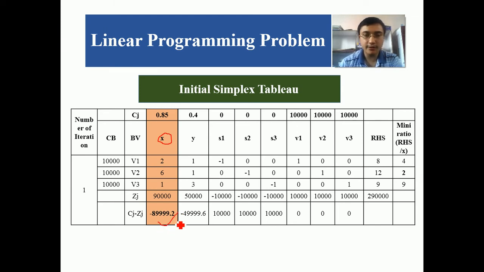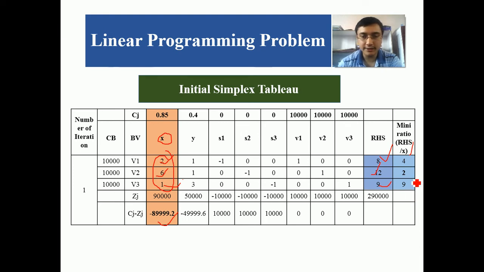Similarly, for the pivot row we must find out the min ratio, and to find the min ratio we must divide the RHS by the values of the pivot column, that is 2, 6 and 1. That is dividing 8 by 2, 12 by 6 and 9 by 1, we'll get 4, 2 and 9.